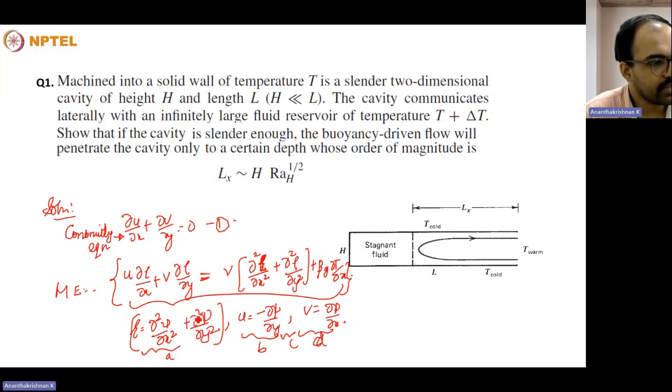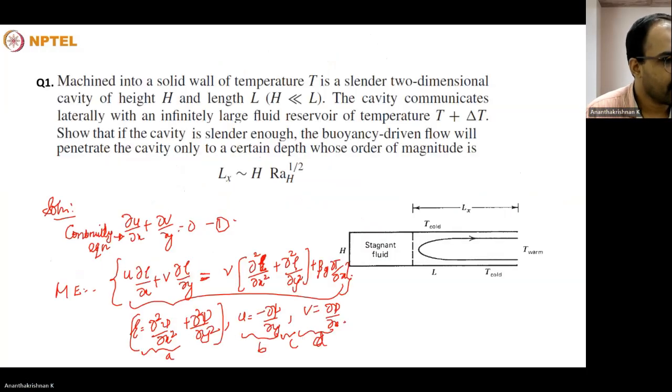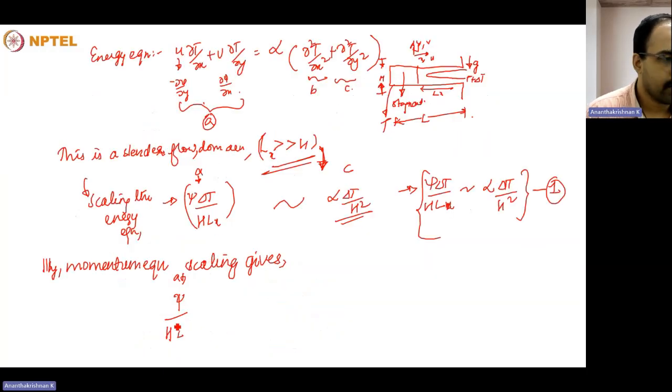So that will give us psi. This will be psi divided by h squared, and on the outside there will be psi divided by h into L. So it will turn out to be psi divided by h cube into L.